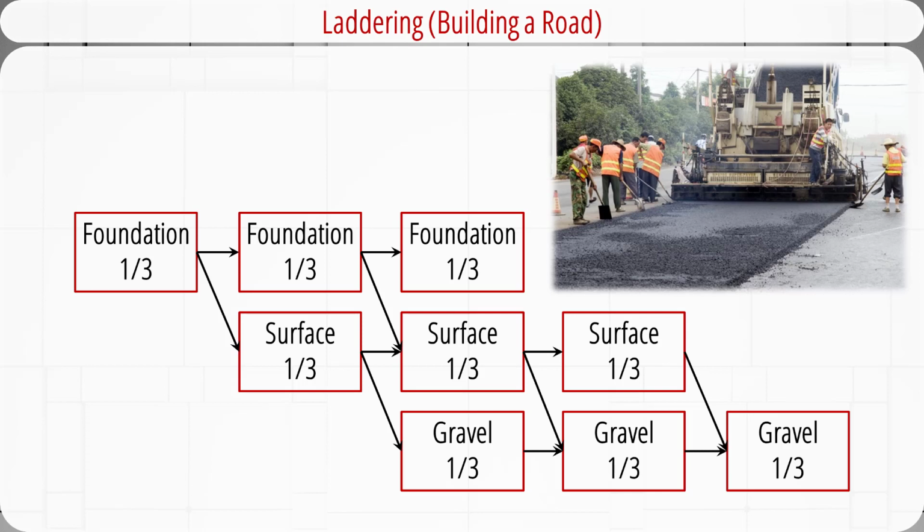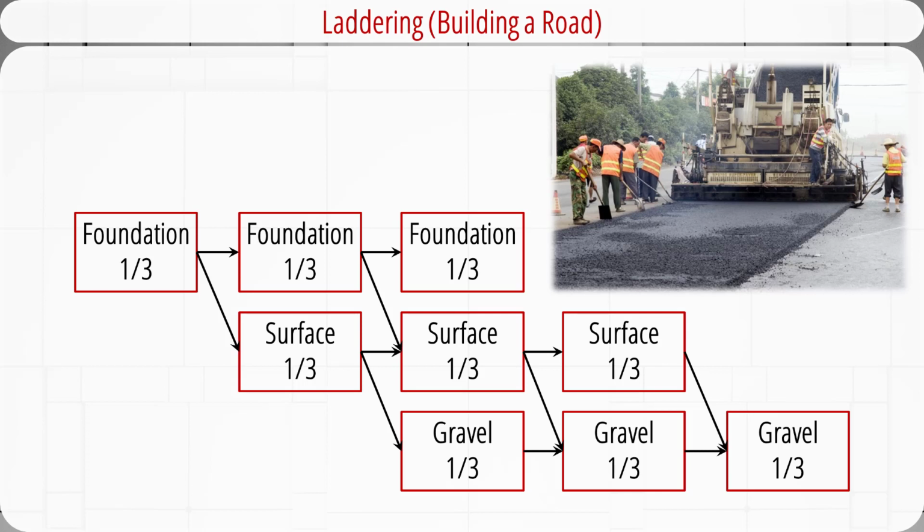An example of the laddering project is building a road. Huge earth-moving machines must be used to create a solid foundation. Then bulldozers and graders move around dirt delivered by dump trucks to create a level surface. Finally, gravel is added in layers and machines roll over the surface to compact and flatten it further.